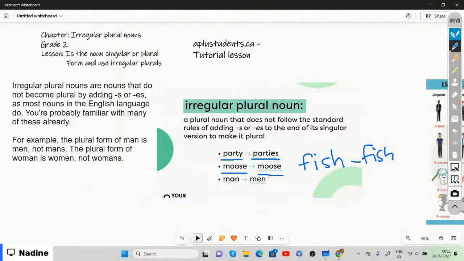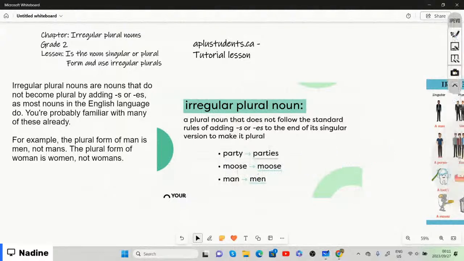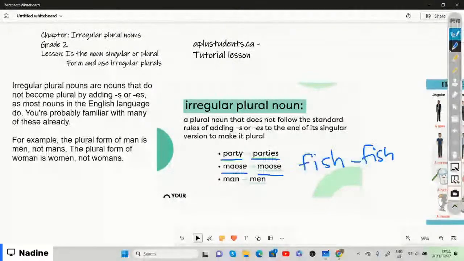Moose and moose, fish and fish. And then we also have man and men.